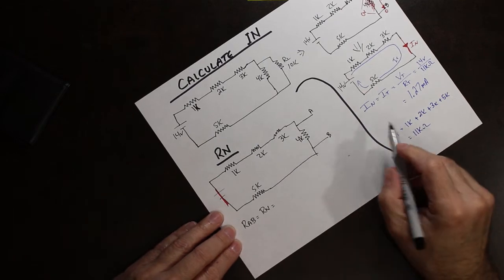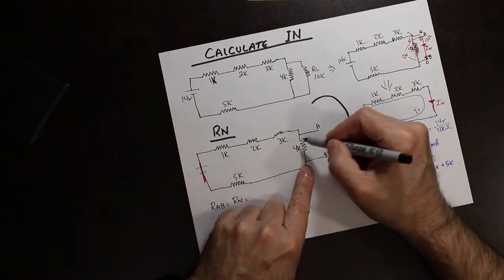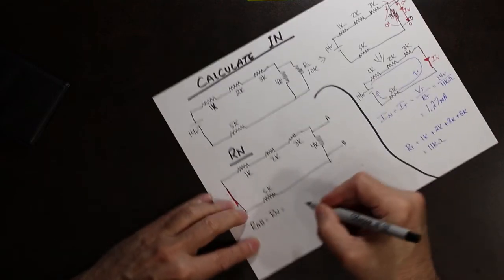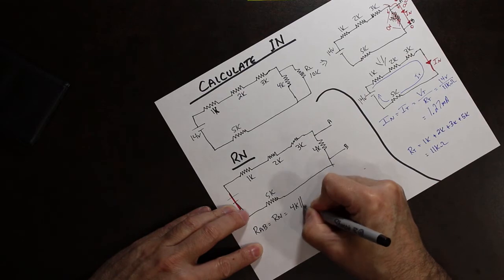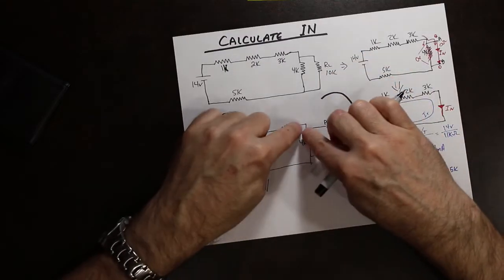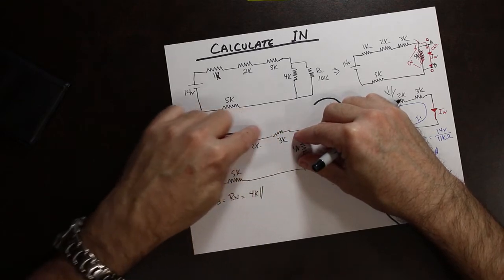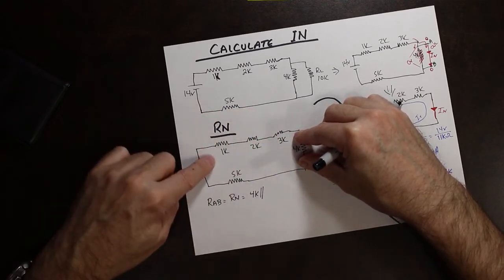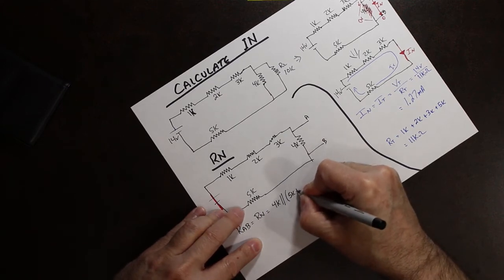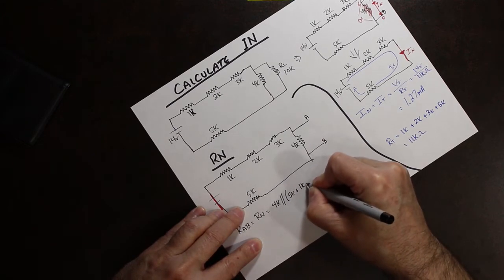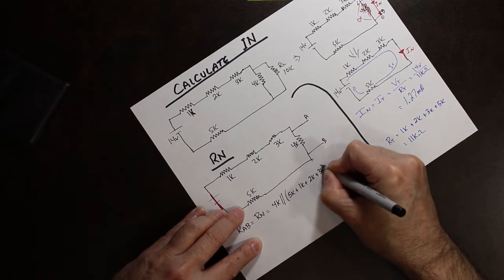And in this case, looking from A to B, you have 4K in parallel with this loop. So 4K is in parallel with this loop, and that loop is 5K plus 1K plus 2K plus 3K.